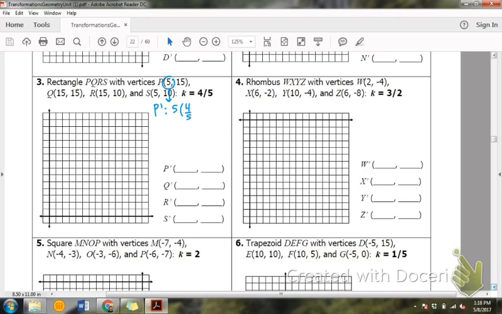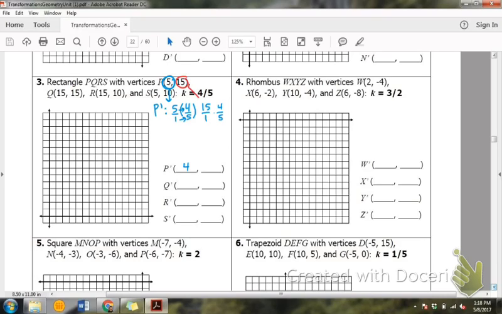Well, that means that 5 is really over 1. 5 times 4 is 20. 20 divided by 5 is 4. Does everyone see where that came from? I did 5, the x-coordinate of P, times 4/5. And 5 is over 1, so multiply straight across your fraction. 20 over 5.